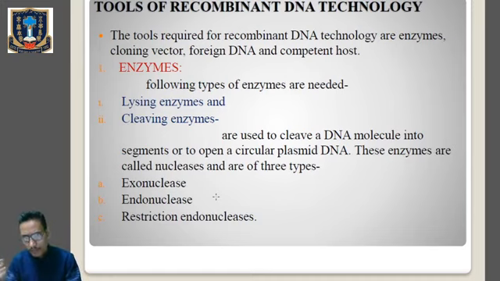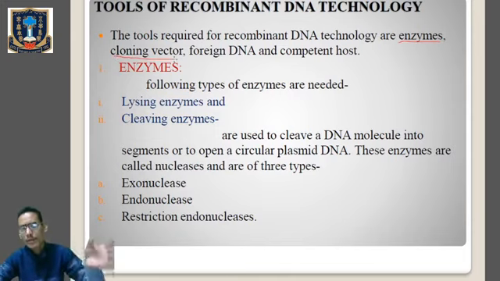First, enzymes: if you remember, we are using the enzyme restriction endonuclease, the enzyme DNA polymerase, and the enzyme DNA ligase. Just remember that different tools are required for the formation of recombinant DNA with the help of recombinant DNA technology, and the first one is enzymes. Second one, cloning vector. Now you can tell me which vector we are using.